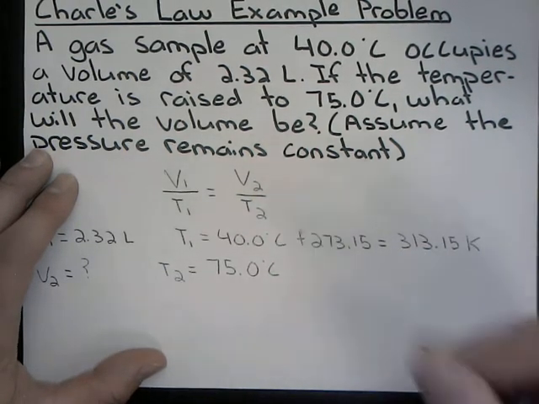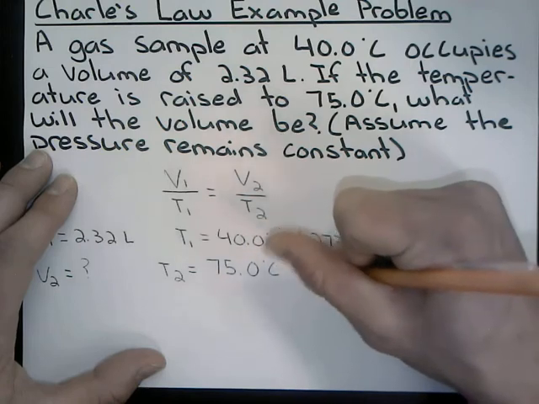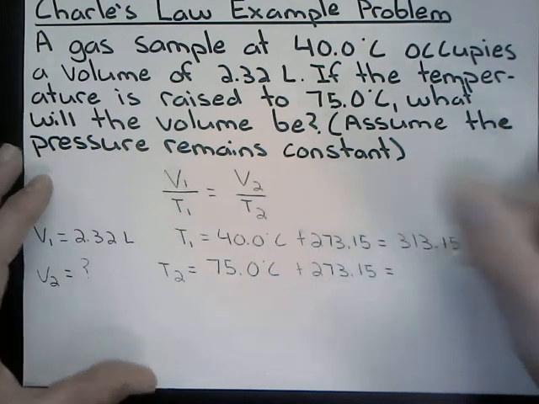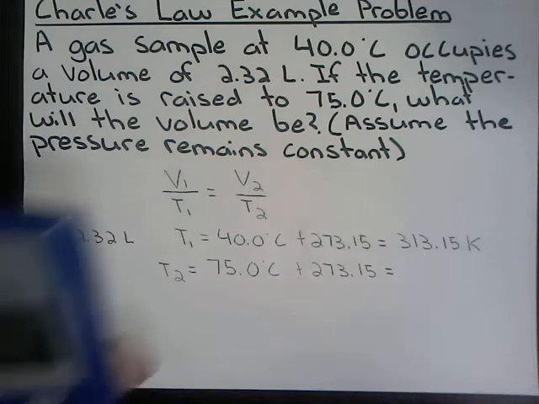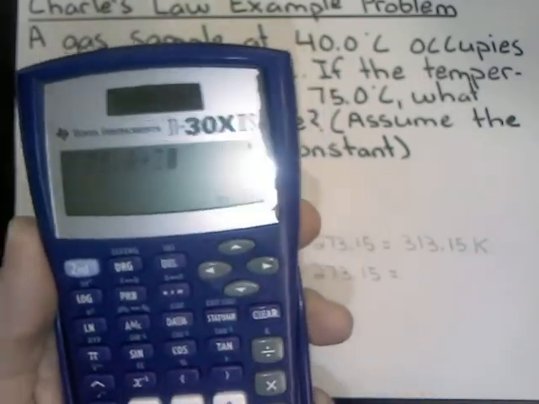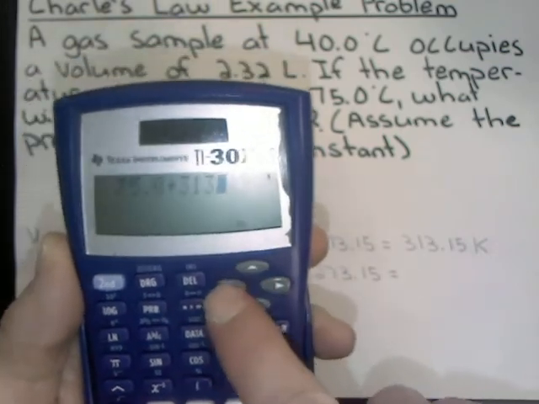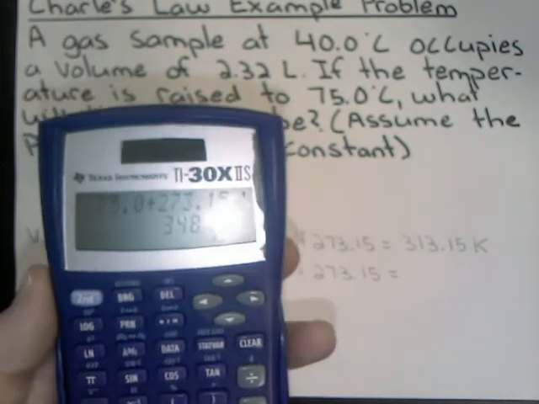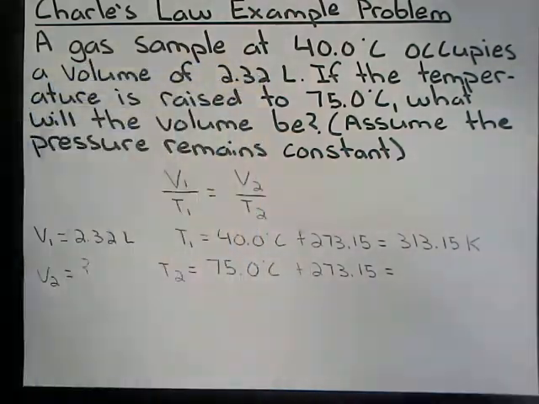So what we simply do is we add 273.15. And so when we plug this into our calculator, we get 75.0 plus 273.15. We get a value of 348.15.